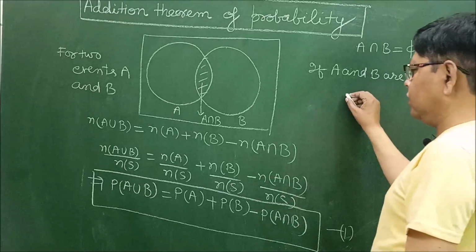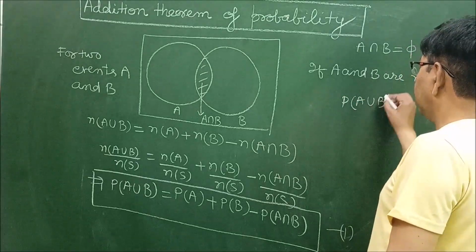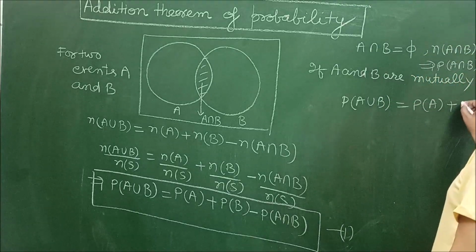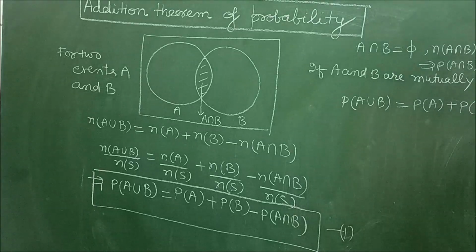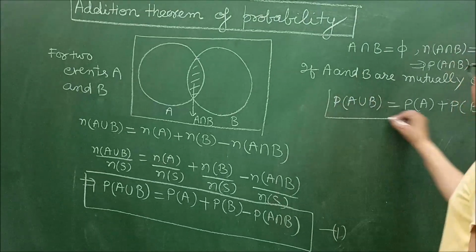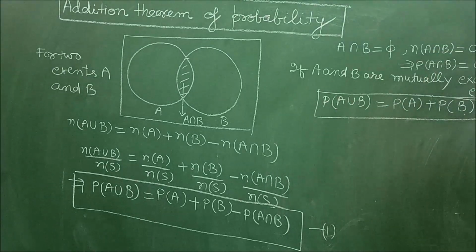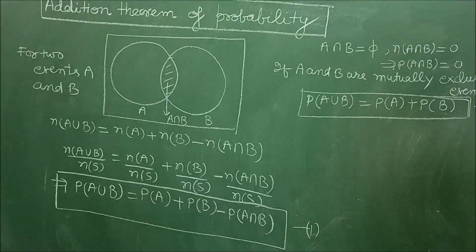Then this formula reduces to probability of A or B is equal to probability of A plus probability of B. So if A and B are mutually exclusive, then the formula is probability of A union B is equal to probability of A plus probability of B.